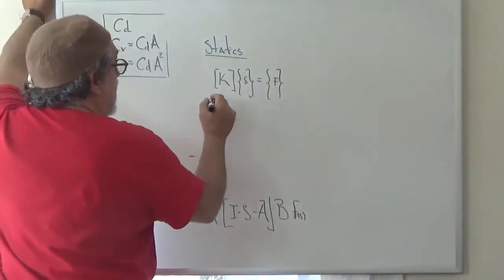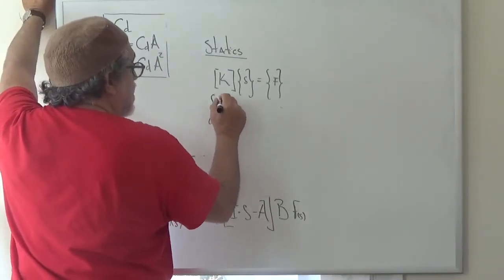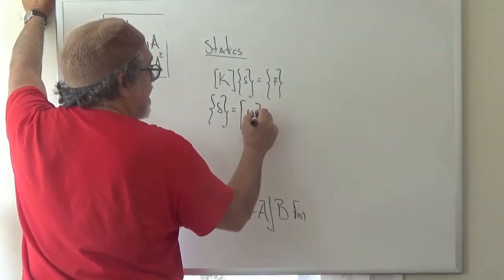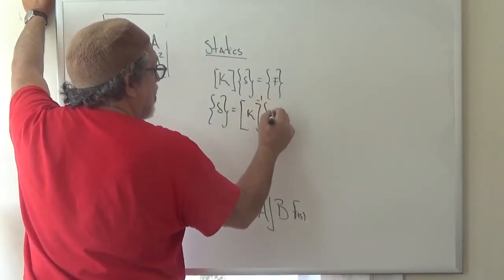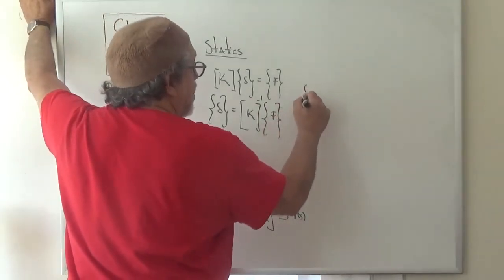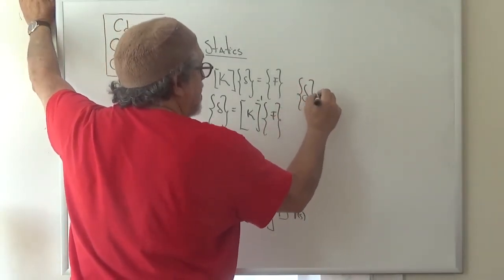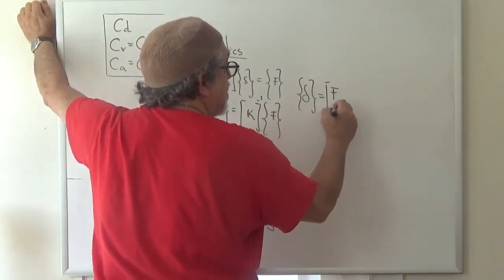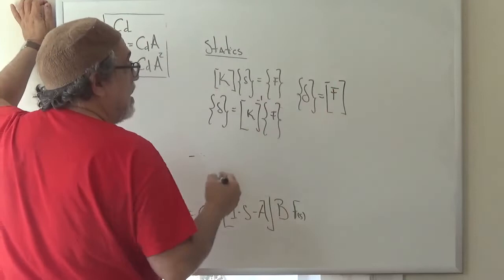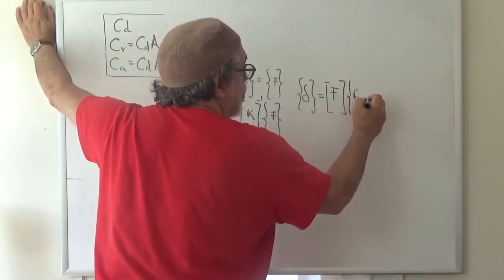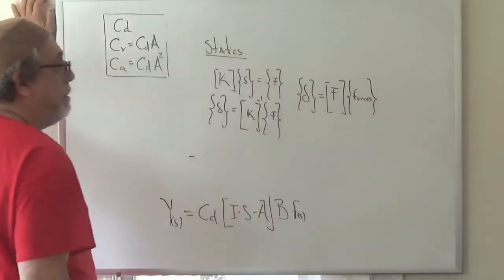That if you invert that, you get that the vector of displacements is equal to the inverse of the stiffness matrix times the vector of forces, right? And that you can write that, if you'd like, by saying that the vector of displacements is equal to the flexibility matrix, because the inverse of the stiffness is the flexibility, times the vector of forces. Not to confuse with the F, right?